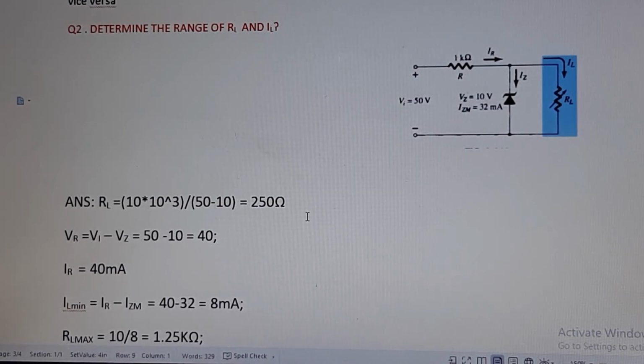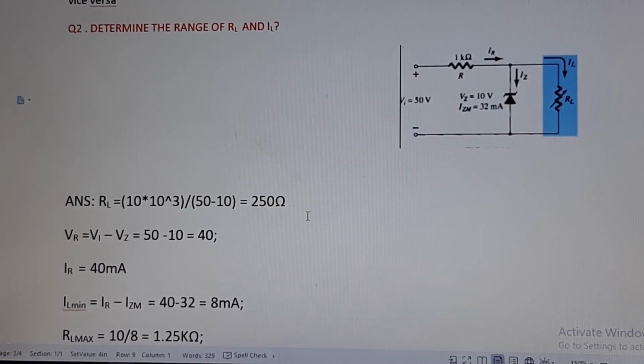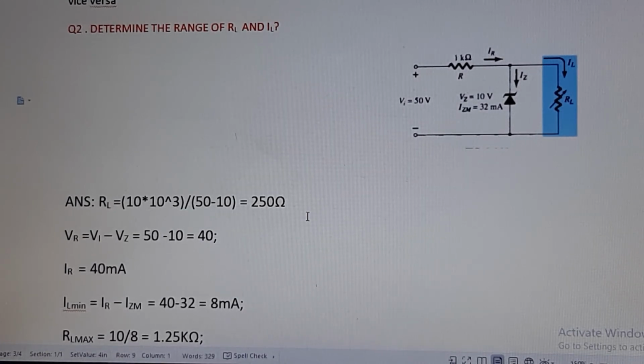We have also already said that RL will be maximum where IL is minimum. So if we want to identify the maximum region of RL, then we have to make IL minimum, and IL will be minimum when IZM is maximum, because we can apply the KCL rule here, that is IR is equal to IZM plus IL, and IL minimum is equal to IR minus IZM, that is maximum Zener current.